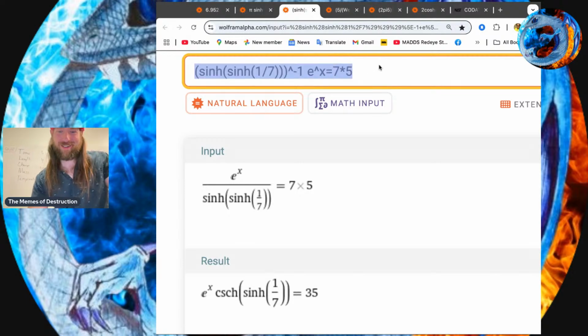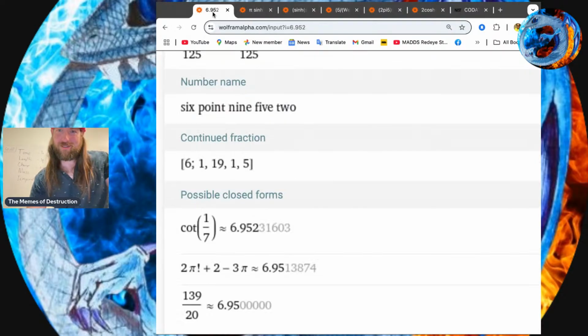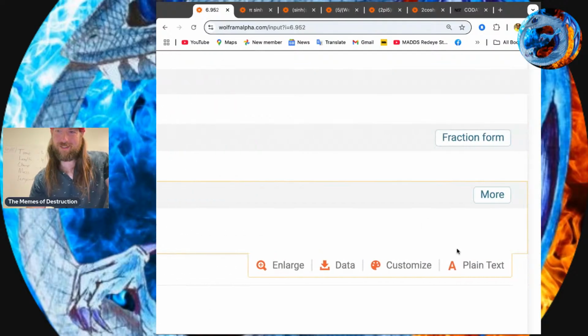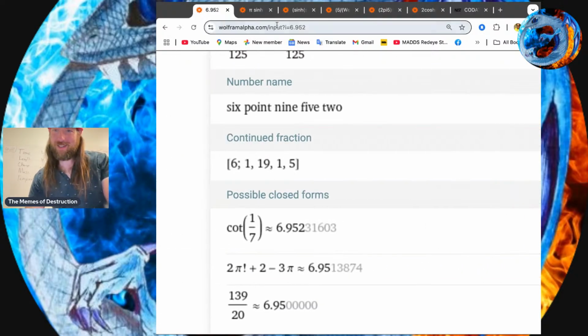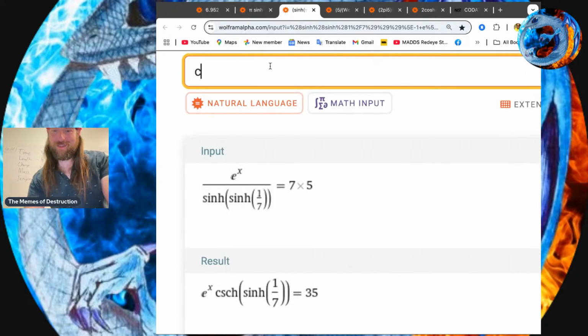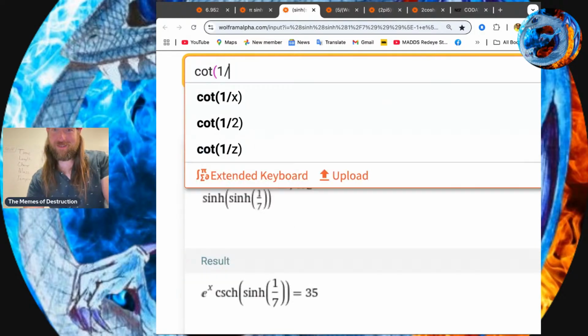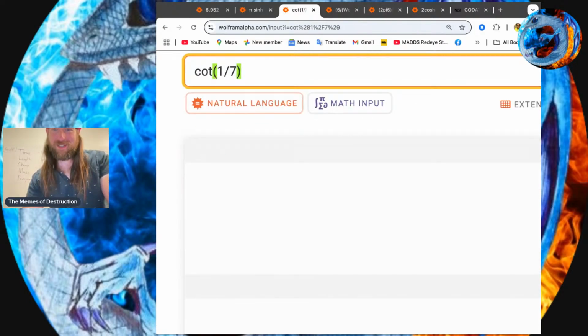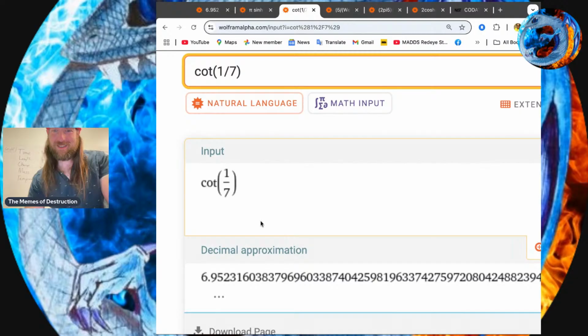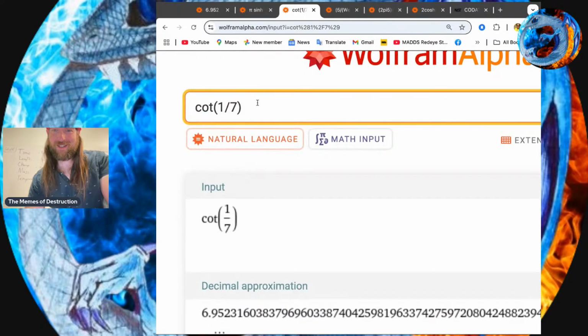Well, let's just see if this actually does its little thing here, shall we? Let's delete that and take this. Cotangent 1/7. What's cotangent of 1/7? Oh, look, it's the number we had there.